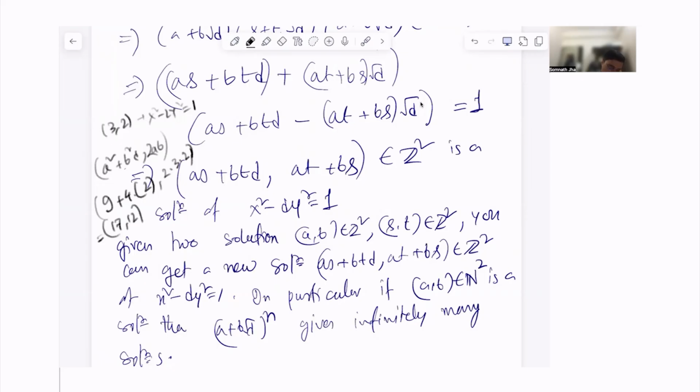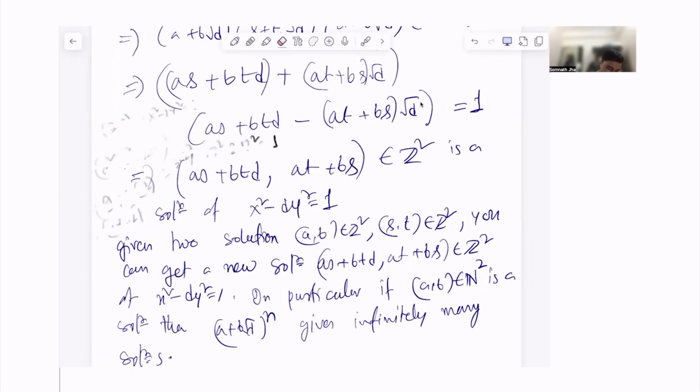You know 17² − 2 × 12² is equal to 1. Okay, 289 minus 288 is equal to 1. So once you get 3 + 2√2 as a solution, then you take the power, you get (17, 12) as a solution, and continuing like that you get infinitely many solutions.